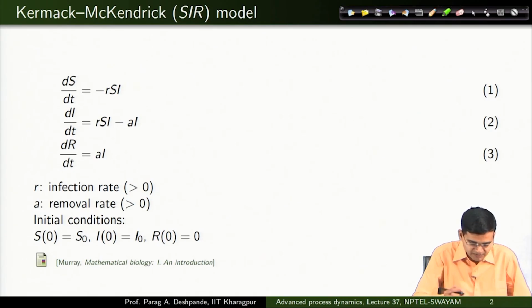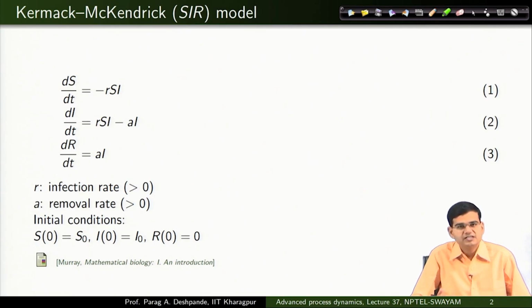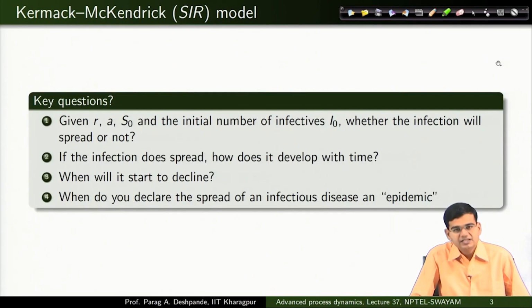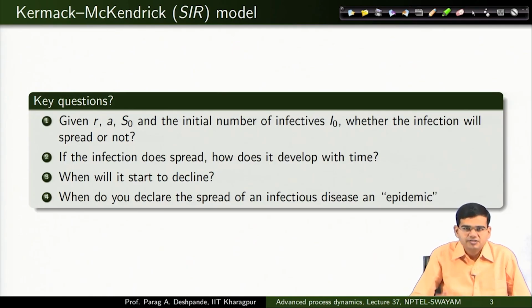The three equations are in front of you, and with the help of these three equations and various assumptions that we made a mention of in the previous lecture, we were trying to answer several questions like, if we know the parameters of the system, can we tell whether the infection would spread or not.